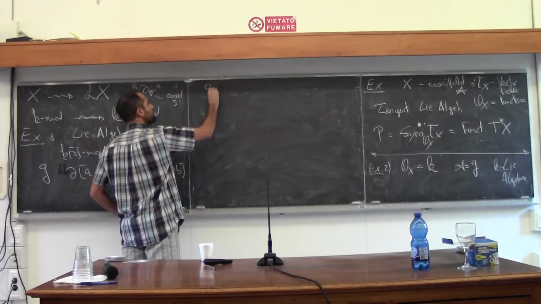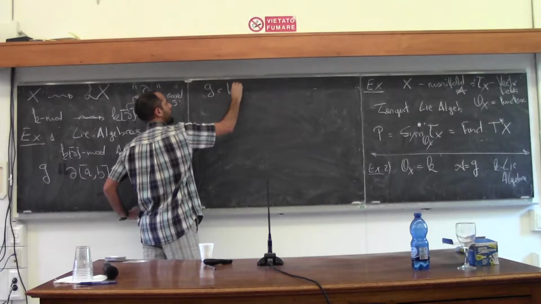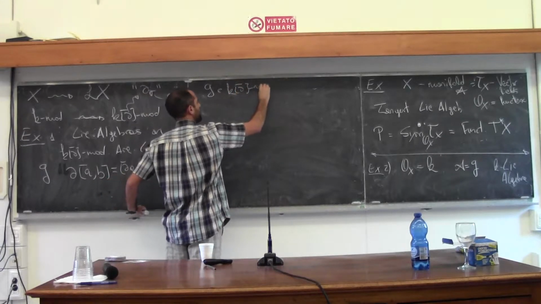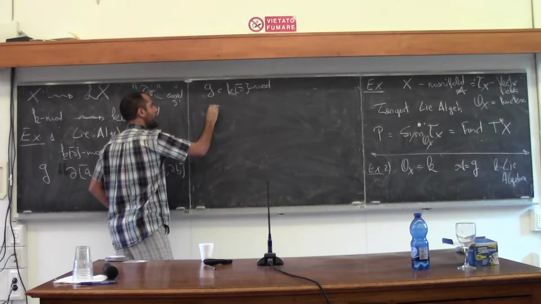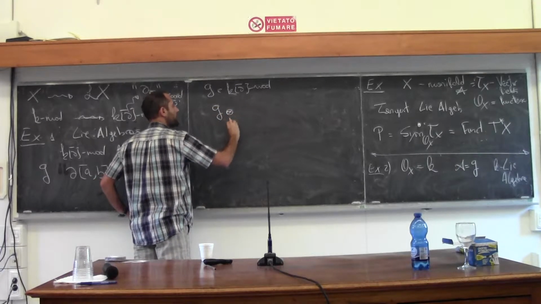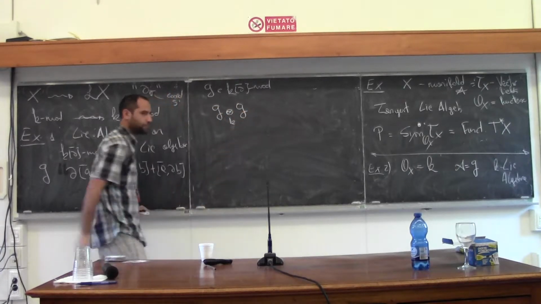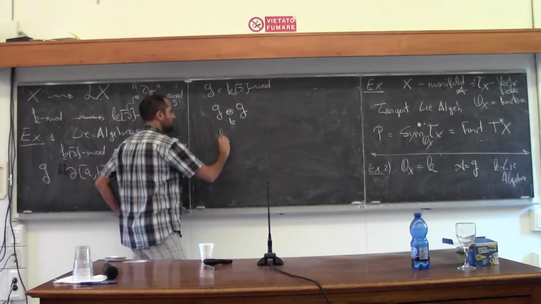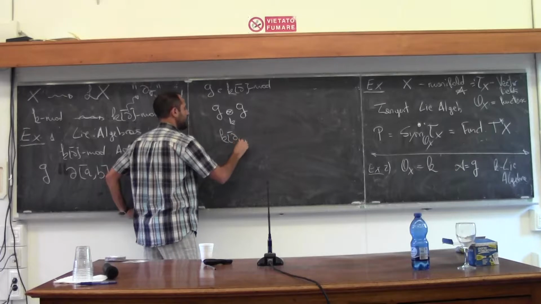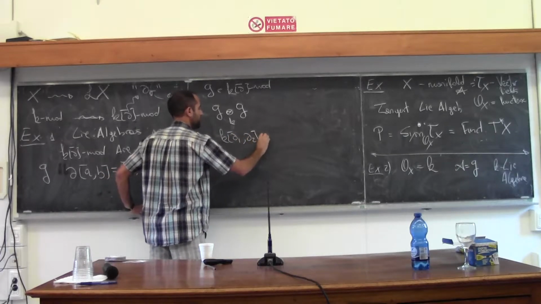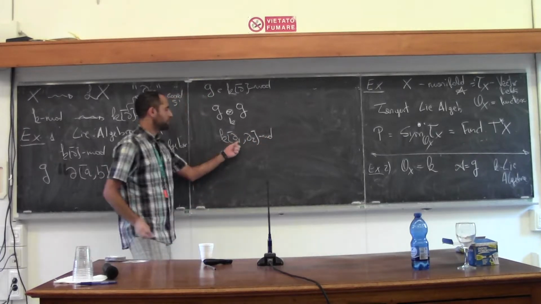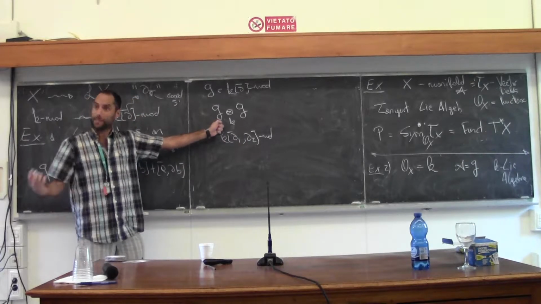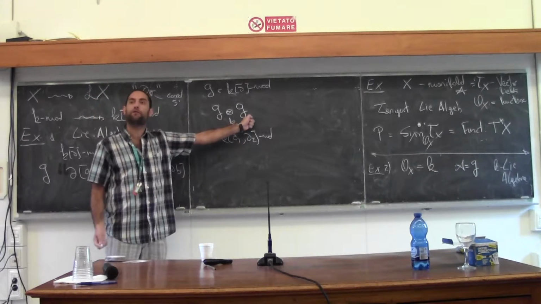Let's start with G, a module with an endomorphism. Then I can take G tensor over K with G. And instead of looking at this as a K[del] module, I'm going to look at it as a K[del1, del2] module. Namely, del1 acts on the first factor as del, and del2 acts on the second factor as del.